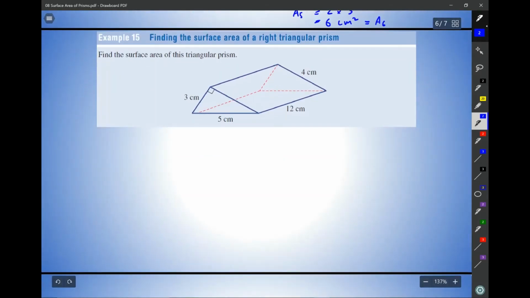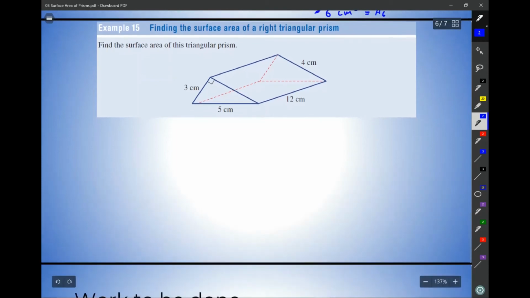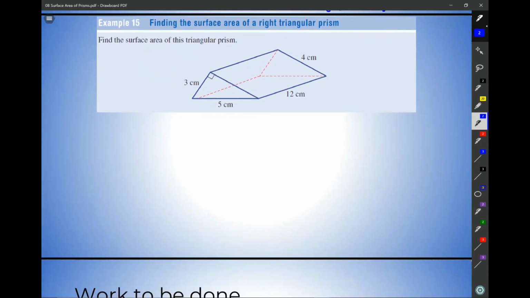Let's try again with a triangular prism. It's going to be a little bit more complicated. But again, the first thing we're going to do is draw up our net. I would encourage you to always start with the bottom of the shape.